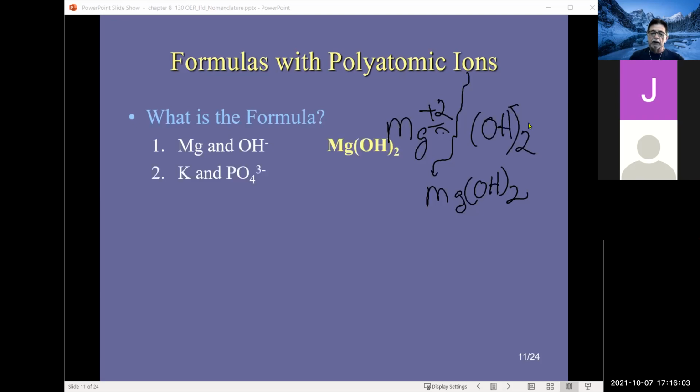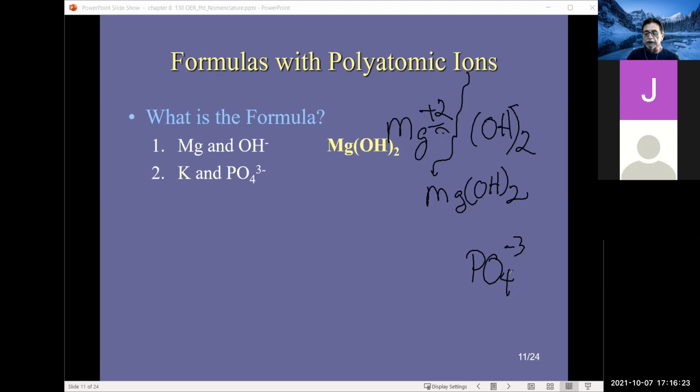There it is. All right, a little more interesting one in that you have PO4, which again is a good indication that you're dealing with a polyatomic ion, okay?